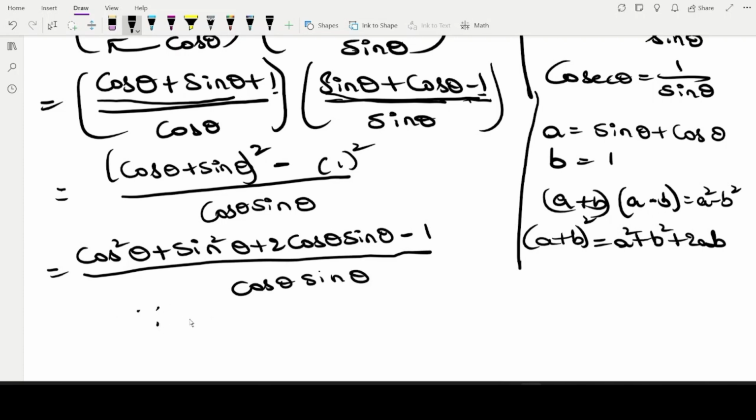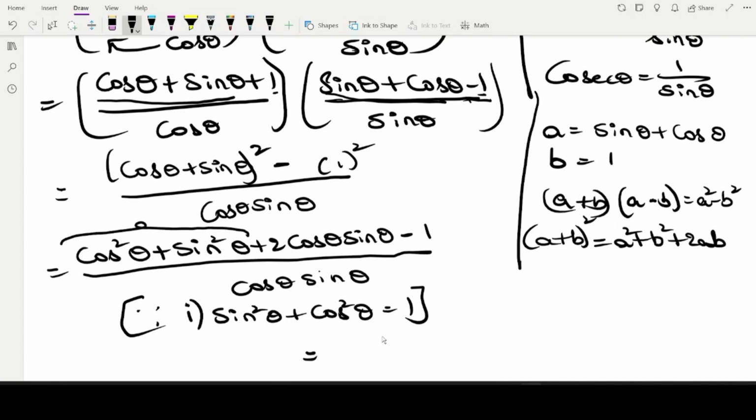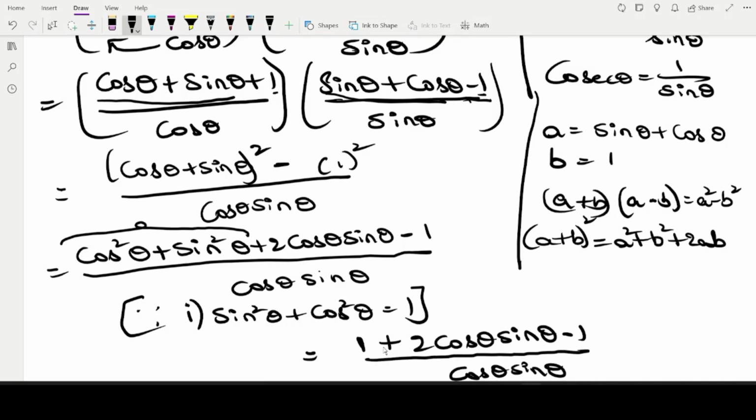We know that from identity 1, sin square theta plus cos square theta equals 1. So now this becomes, what is the value of cos square theta plus sin square theta? It is 1. 1 plus 2 cos theta sin theta minus 1, divided by cos theta into sin theta. Plus 1 minus 1 gets cancelled.